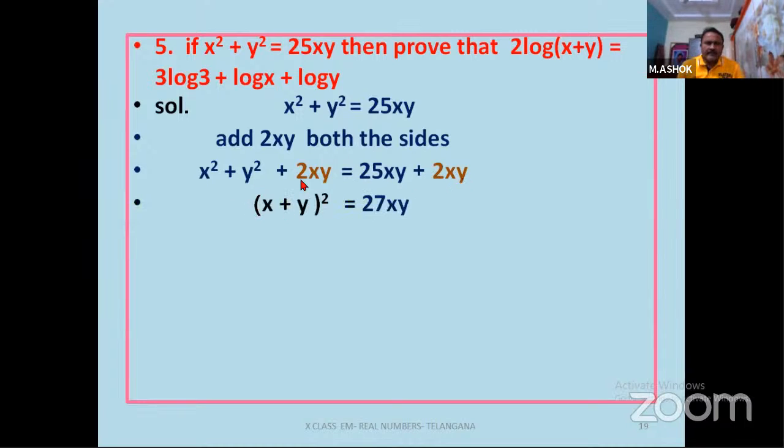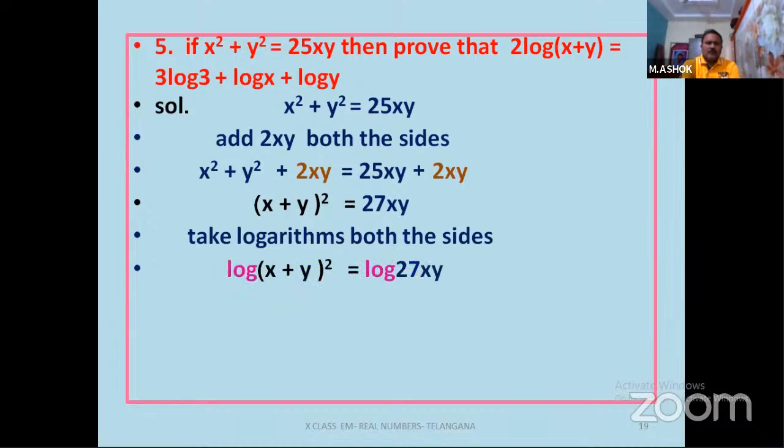Now it is in the form of the a plus b whole square formula, so it is x plus y whole square. 25xy plus 2xy, if you add, it is 27xy. Okay, now take logarithms on both sides.